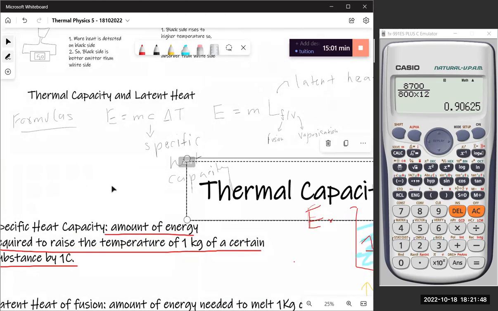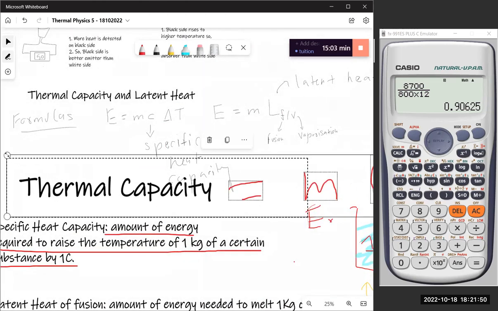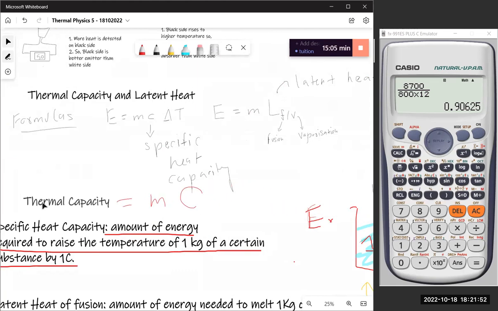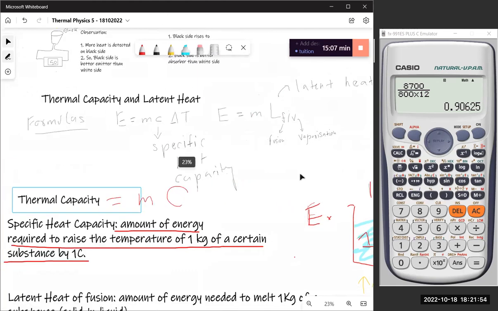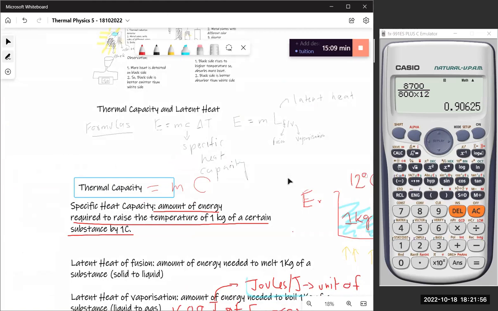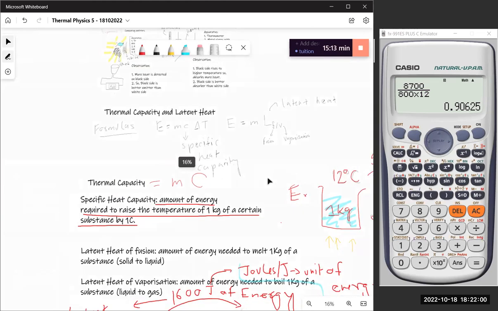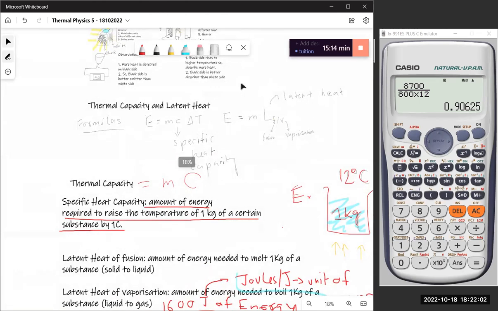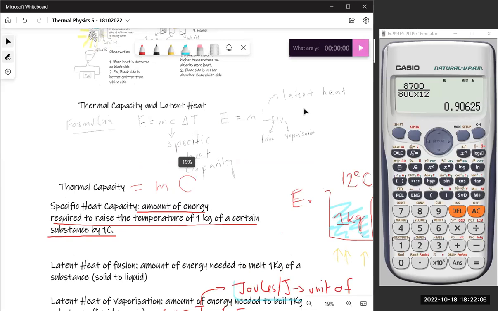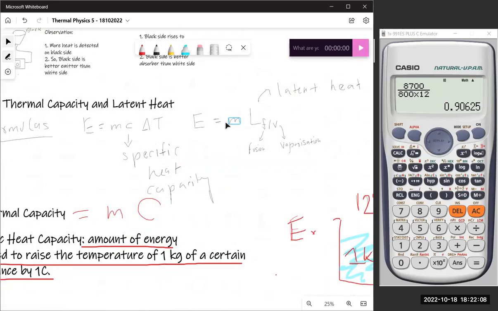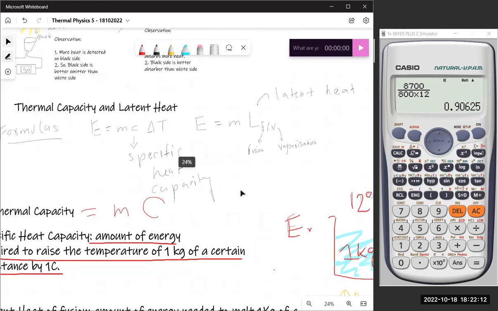And there's one more, which is thermal capacity is MC. That's it. Now you'll use the same formula over here. Zahra, any questions? Yeah, sir, I was asking about this formula, the one you have written here, fusion and evaporation. Oh, this is for latent heat. Okay, I get it. Latent heat.